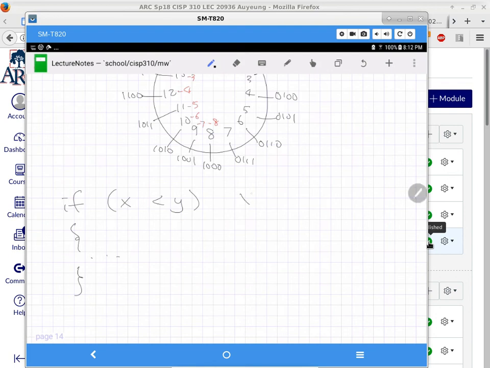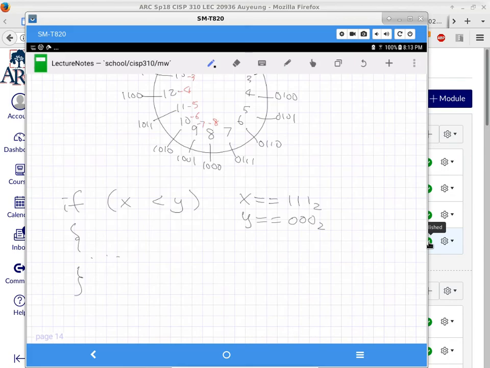Let's say x has a binary pattern of 1, 1, 1 in base 2. Y has a binary pattern of 0, 0, 0 in base 2, and we're dealing with 3-bit numbers. Okay? So with 3-bit numbers, is 1, 1, 1 less than 0, 0, 0? That becomes the question. Should I perform the then branch, or should I skip over and not perform the then branch? That is the question.